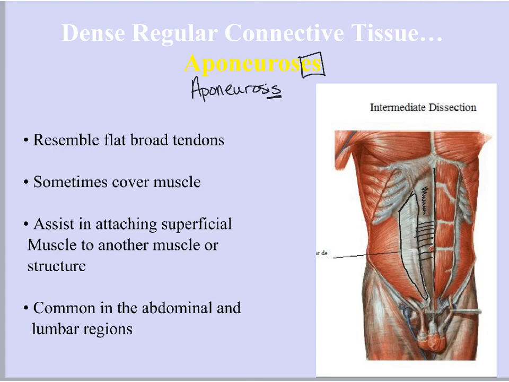So the function of these aponeuroses is to assist in attaching superficial muscles to either another muscle or a nearby structure. So you've got this big, broad, internal oblique muscle right here. Well, you're going to need a big, broad, flat tendon to attach it to the midline, right?